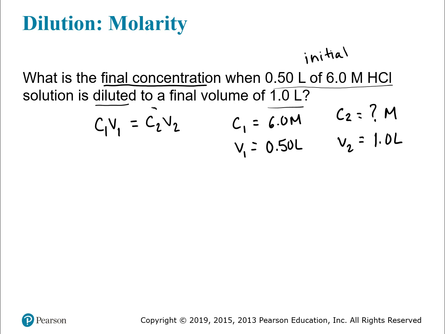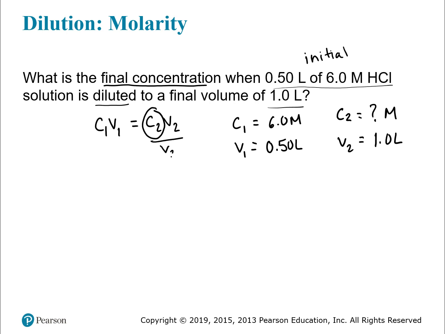Now that we know what we're solving for, which is C2, just like with the gas laws where I circle what variable I'm looking for, I do the same thing with this equation, just because it's easy to rearrange it improperly. So if you get lost in the math and you need a way to make sure you're solving for the right variable every time, this is a good way to do it, to remind yourself, I'm looking for the concentration, and it's the final concentration.